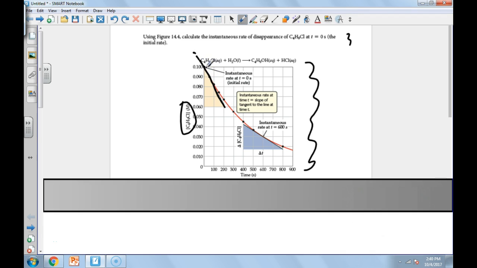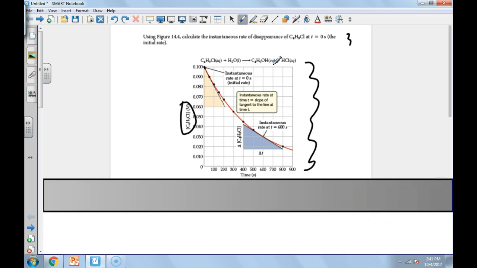Let me erase it so you can see, this graph actually gives you the tangent line right here to use. Okay, and so there's a couple of ways that you can do this.